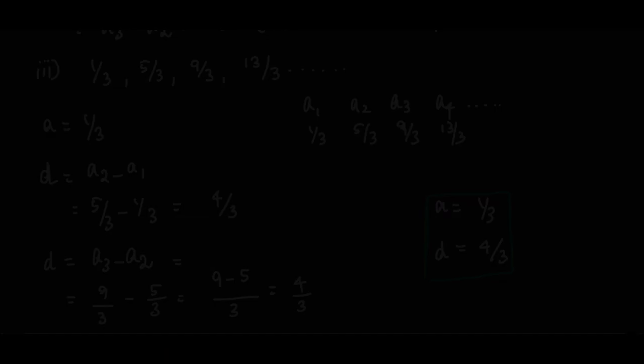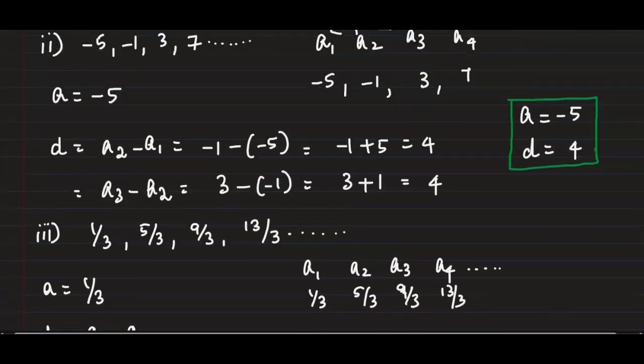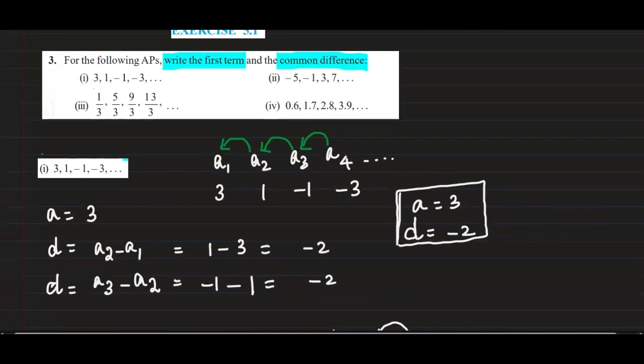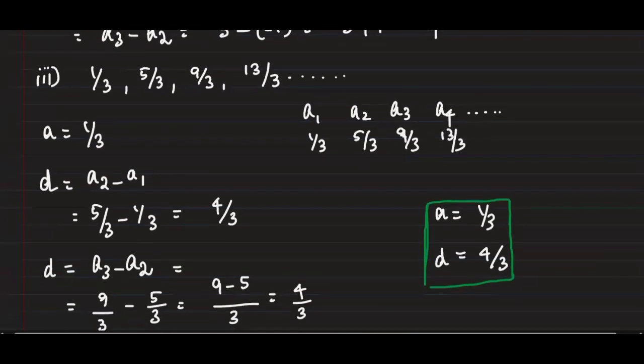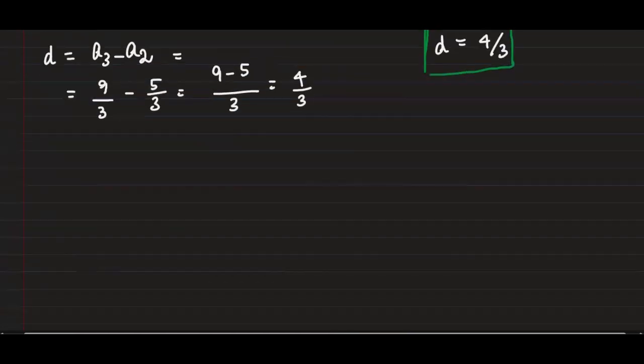Now moving on to question number 4. Question number 4 is in the form of decimals. The series is 0.6, 1.7, 2.8, 3.9, and so on.